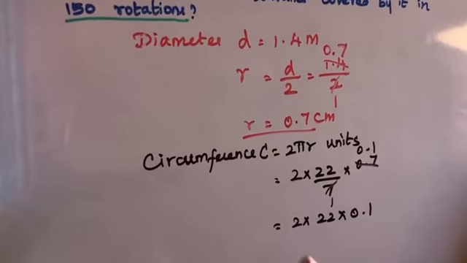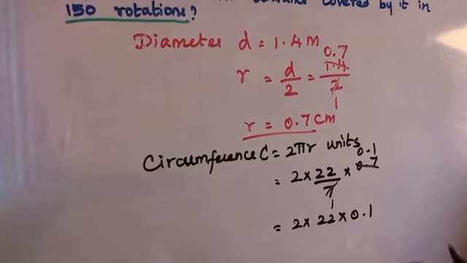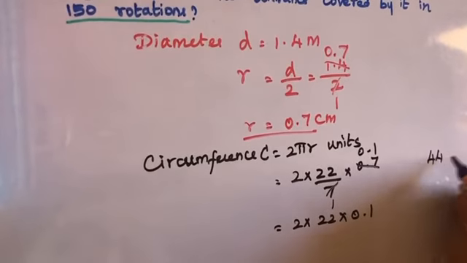While multiplying 2 and 22 you get 44. So 44 into 0.1.